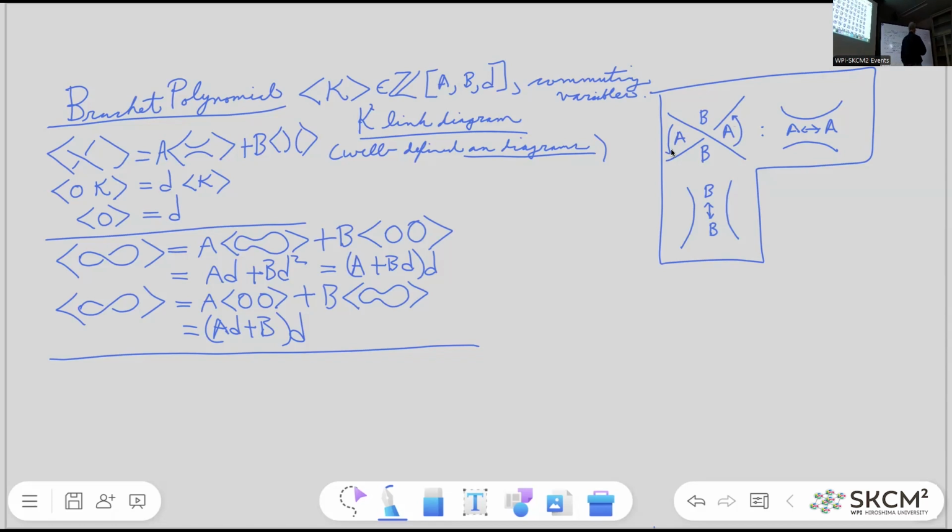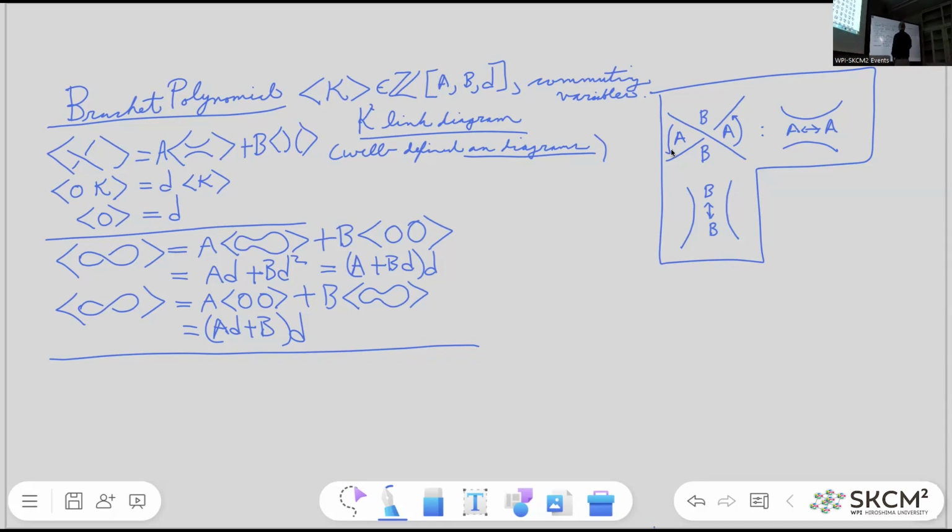But another way of thinking about it might be that as you approach along the undercrossing line, the A is on your left. So that tells you which are the A regions and which are the B regions in another way. See, if you approach along the undercrossing line, the A is on your left in either case. So those are a couple of ways of understanding which is an A smoothing and which is a B smoothing.